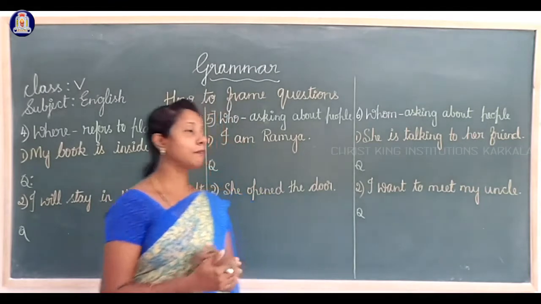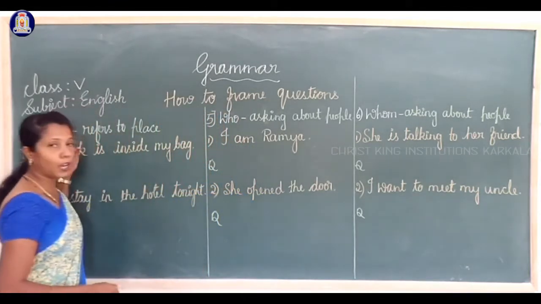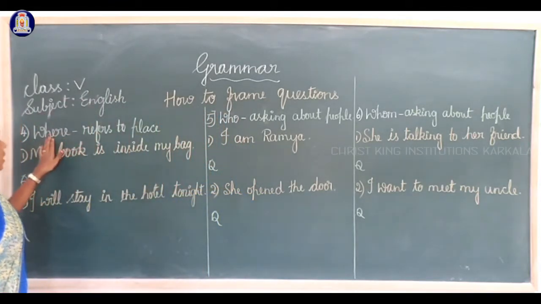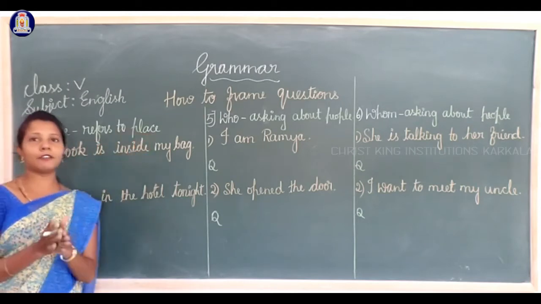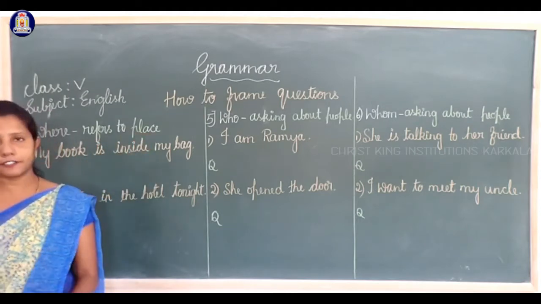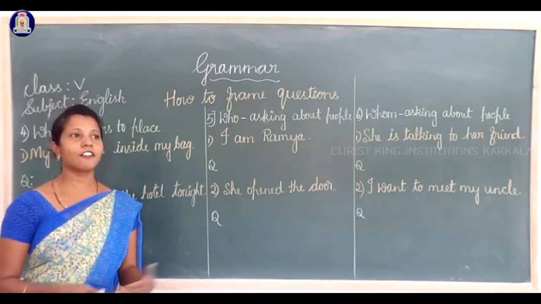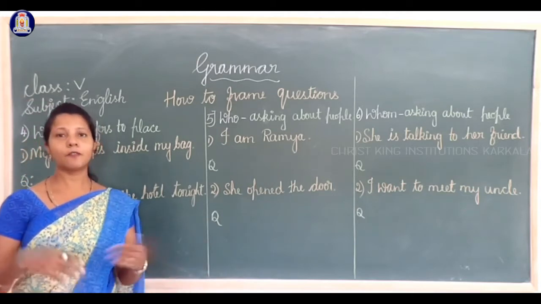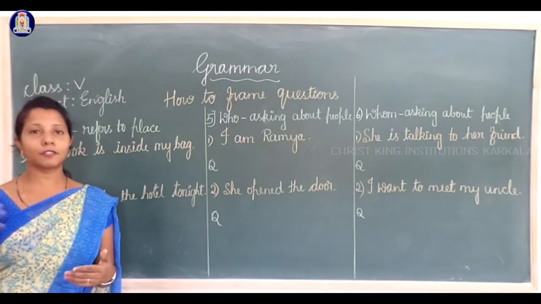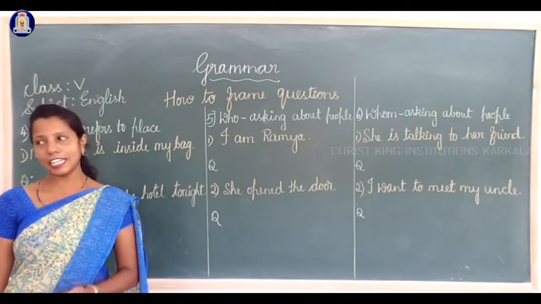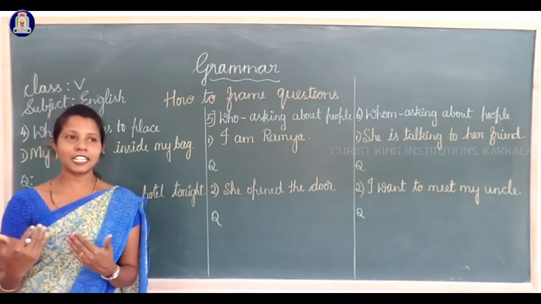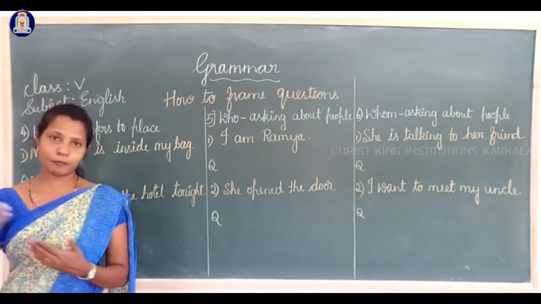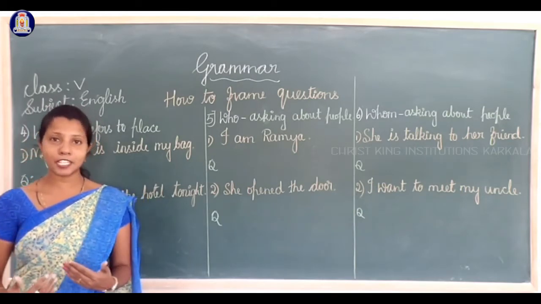So now let's begin with the first one, where. See, where usually refers to place. When we meet a person for the first time, what do we ask? Where are you from? Right? What do we mean by that? That means we want their native place, and we want to know whether the person is closer to my place or not.